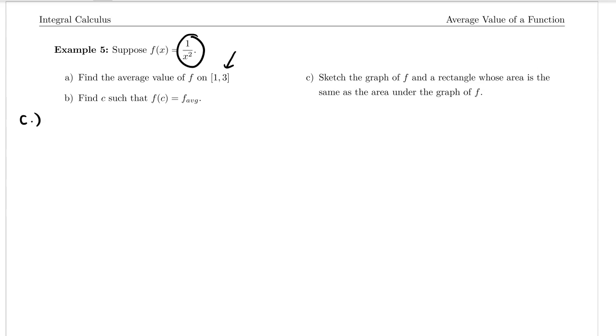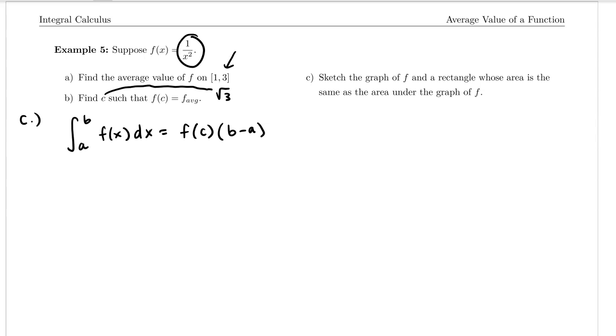on some interval from a to b. Then the mean value theorem for integrals says that we can essentially take the definite integral, and that is equal to f(c), which the c value was the square root of 3 from the previous part, and we're multiplying that by b minus a.